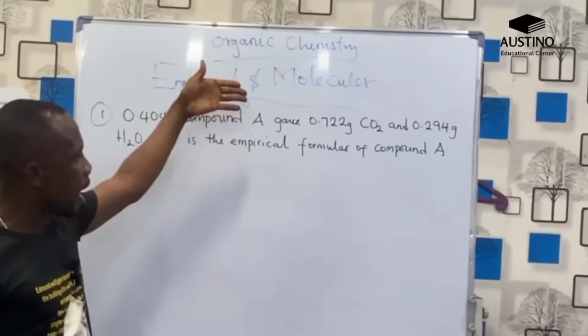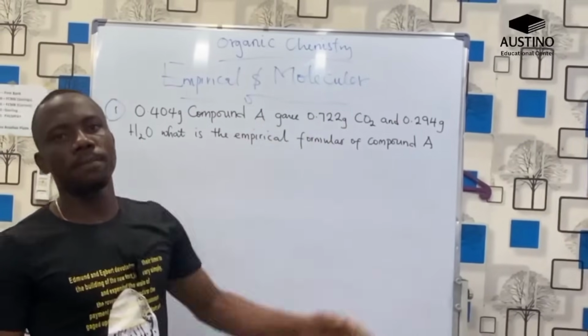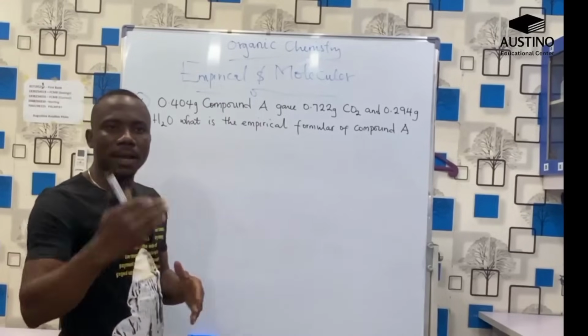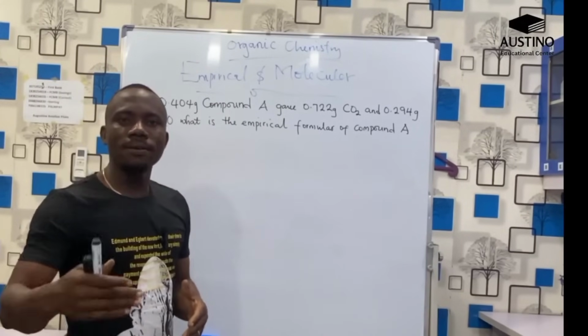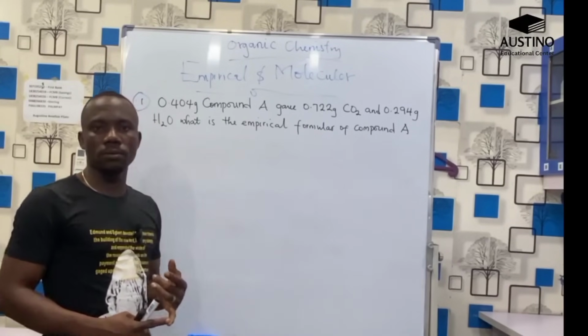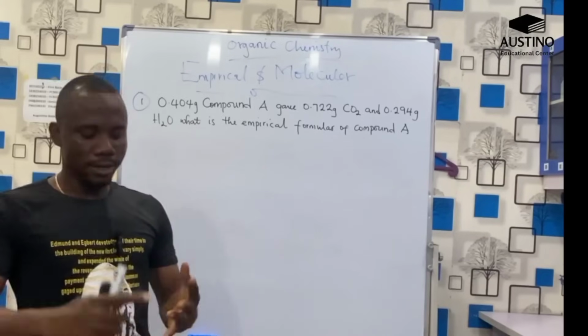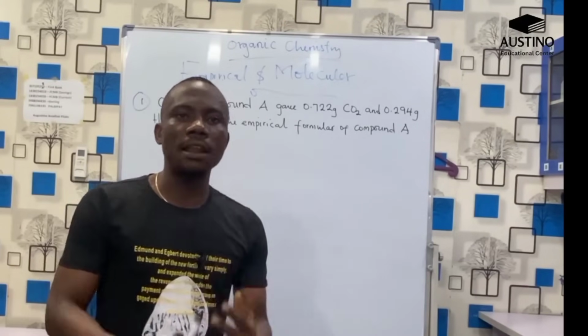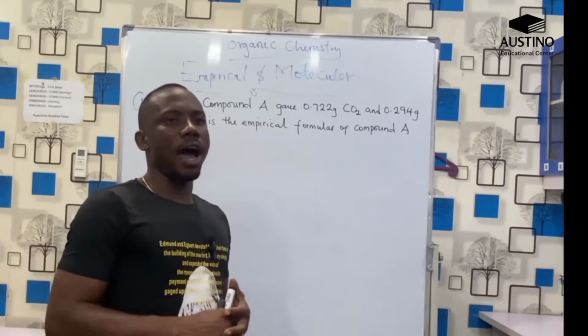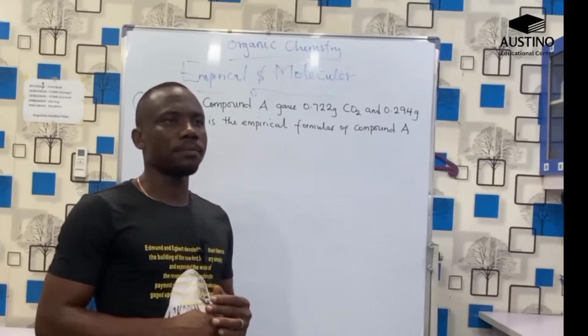What is the empirical formula of compound A? With this question, you are expected to go through the 3 basic steps: getting the weight of each element present, getting the composition of each element, and getting their ratio before arriving at the empirical formula.